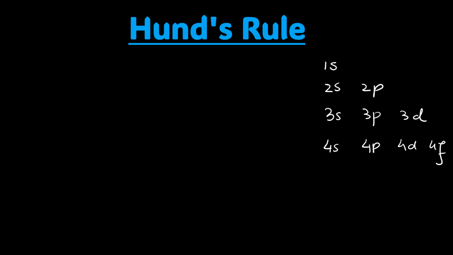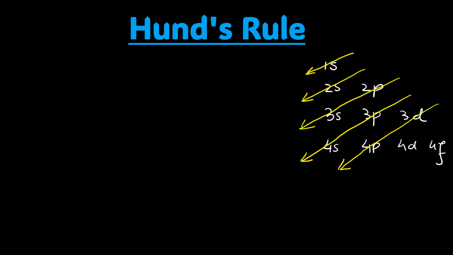To get the order of energy for electrons to fill the subshells, we draw vertical lines like this, and on the basis of these lines we conclude the increasing order of energy for the electron to fill the subshells.